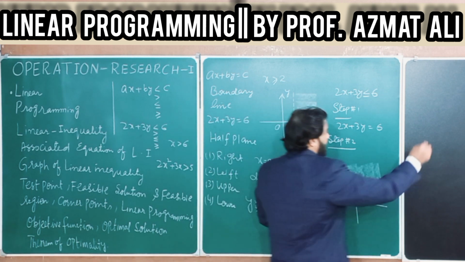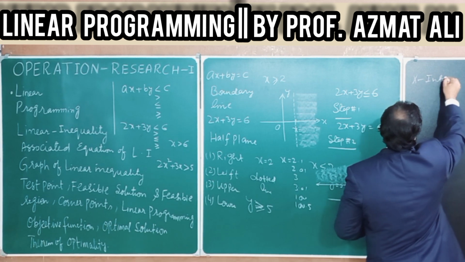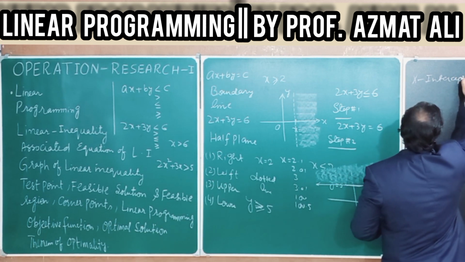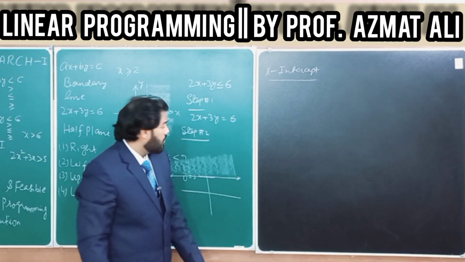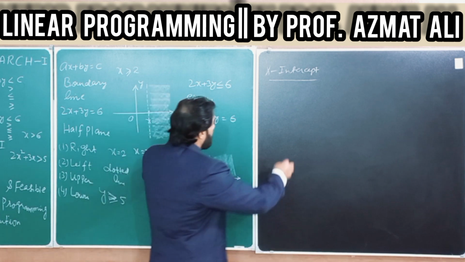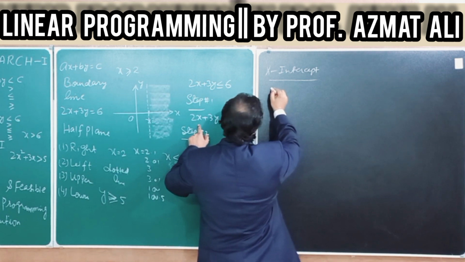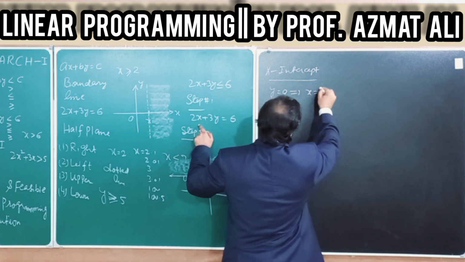You know that the x-intercept is a point where y is 0. So by putting y equal to 0, your x will be 3. When y equal to 0, this implies your x is equal to 3.